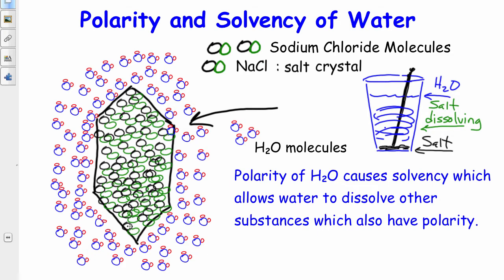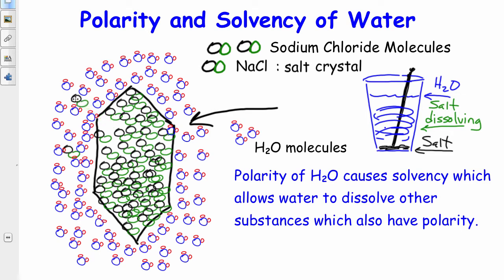Because all of these water molecules are like little magnets, and because salt has polar qualities, the water molecules will begin, a little bit at a time, to tug at or attract the sodium chloride molecules off of the crystal and out into solution.